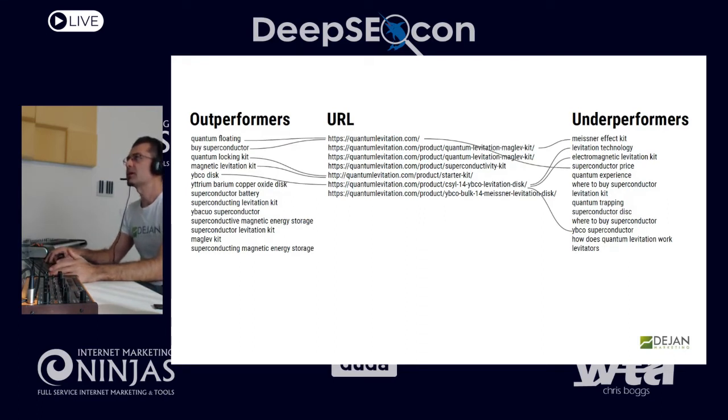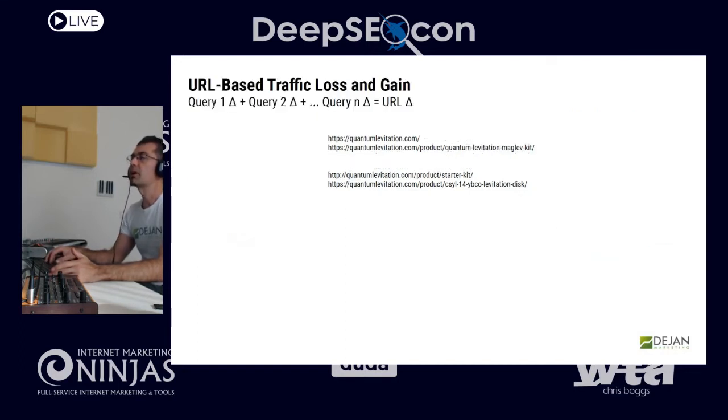And what does that mean? Well, you can give that URL a cumulative score. So basically, we have a URL-based traffic loss and gain. So we've got query 1 and query 2 difference and query n difference, and we add up all those differences and we come up with a URL list that has a sum of all its search query click-through rate based losses and gains.